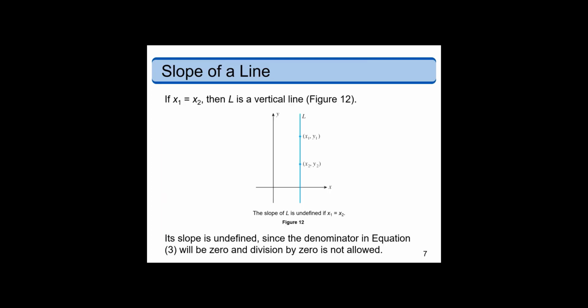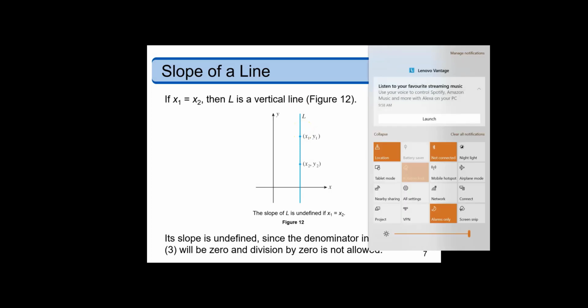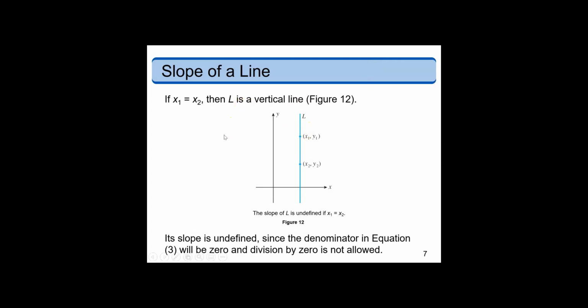If x1 equals x2, that means the line is a vertical line because there's no horizontal change. Using the slope formula, delta y over delta x, y2 minus y1 over x2 minus x1, since x1 equals x2 the denominator becomes 0, so we get y2 minus y1 over 0.